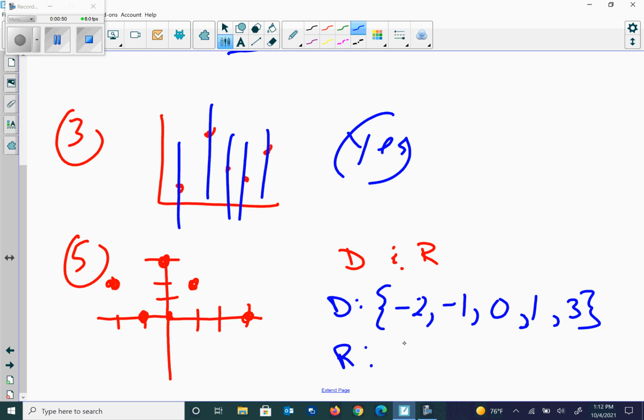So look at your lowest y value, it's going to be 0. And then we have 0, 2, and 3. And again, I'm just looking at the y values. So these are y values, these are the x values. Okay, make sure you clarify that with your teacher, okay?